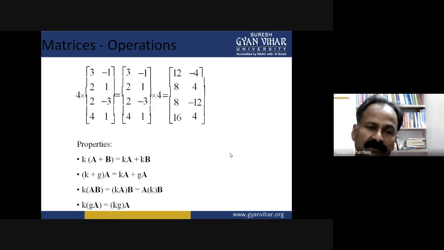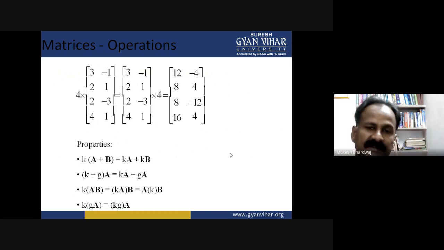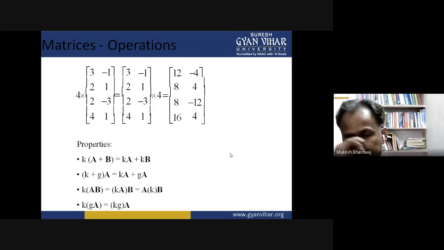So when we multiply 4 with the matrix, every element is multiplied by 4, and it results in 12, 8, 18, 16, minus 4, 4, minus 12, 4. Similarly, if the matrix A is multiplied by 4, the same result comes out. And these are some properties of a scalar multiplied to a matrix.